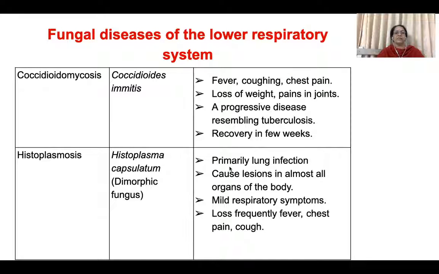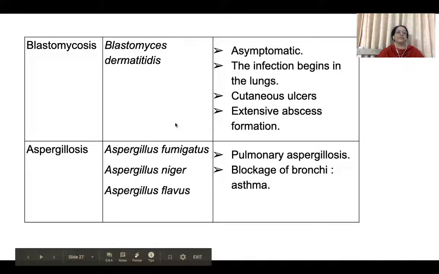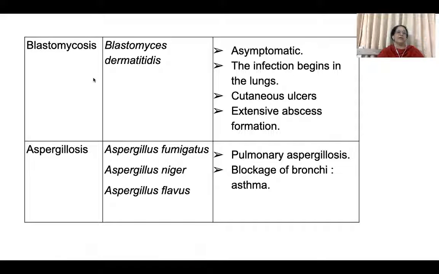It causes lung infection, where there is formation of lesions in almost all organs of the body in the later stage. There are mild respiratory symptoms, as well as fever, chest pain, and cough. Next fungal disease is by Blastomyces dermatitidis, and the name of the disease is blastomycosis.